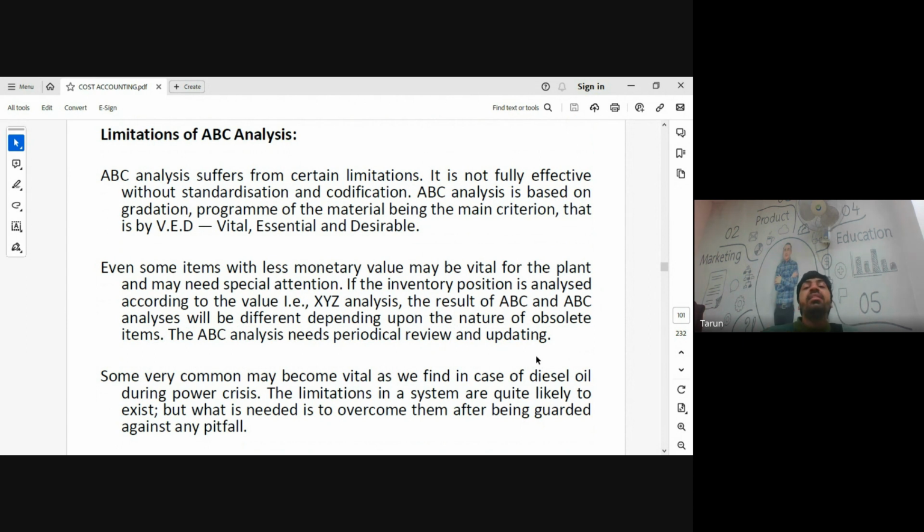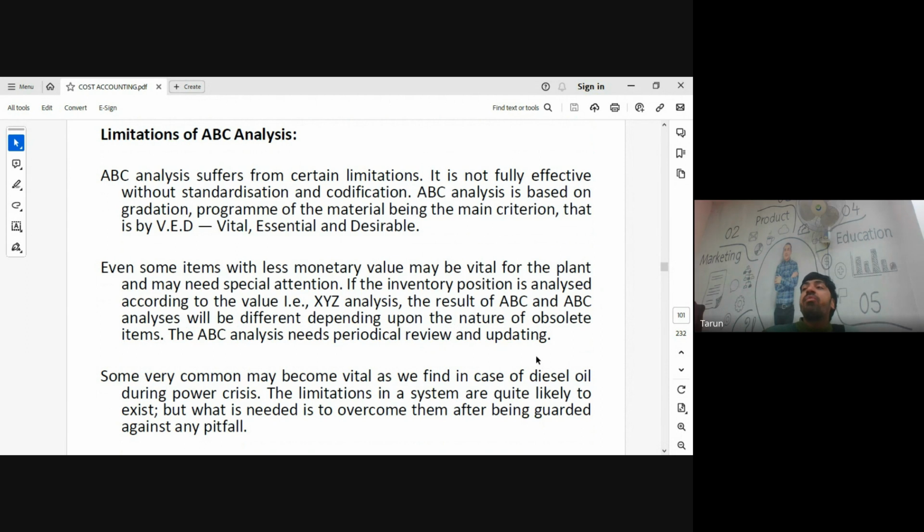ABC analysis also always needs a potential review and updating process when it comes to materials. So this is also one of the disadvantages: it works with items that have monetary value, not for all items.